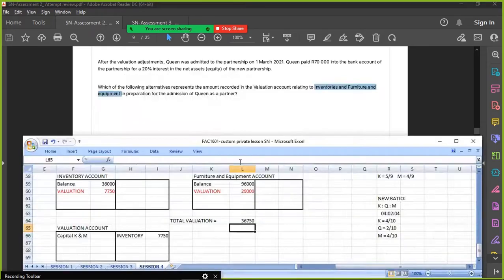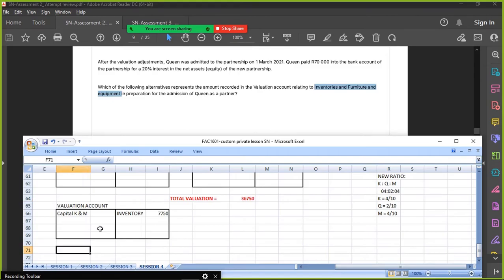All right, so they wanted all of it. They basically wanted the total valuation, taking inventory, furniture and equipment, and trade receivables.